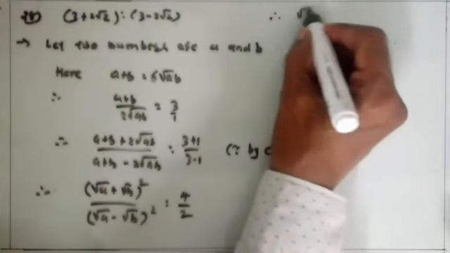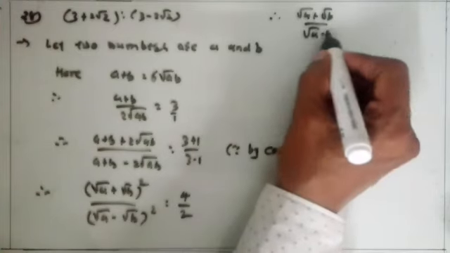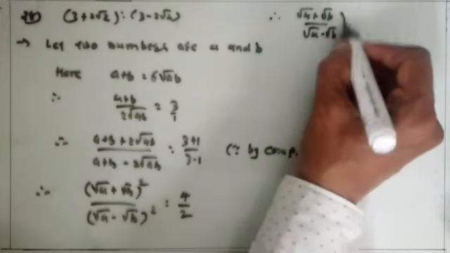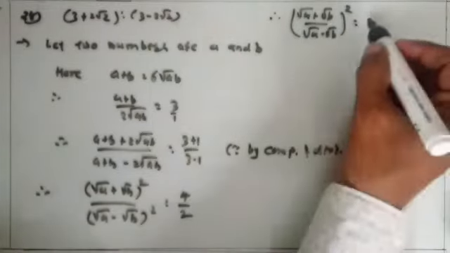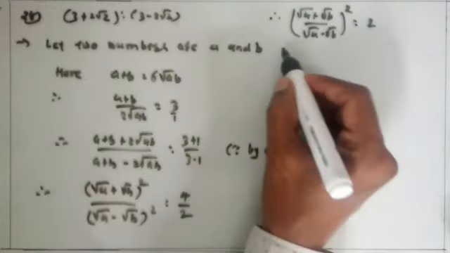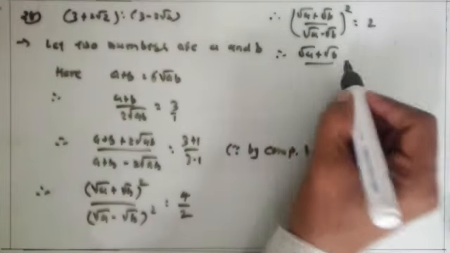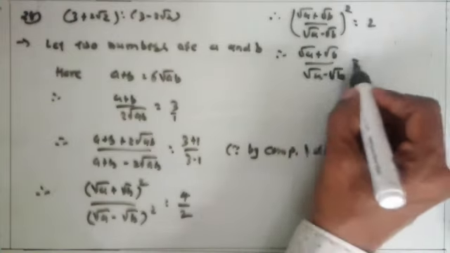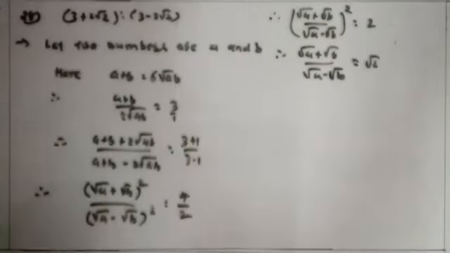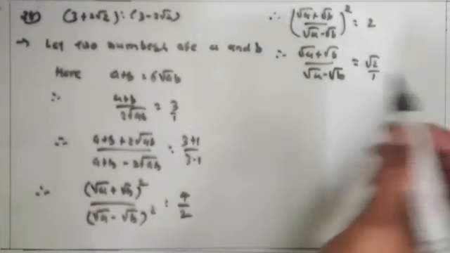Therefore, ((root A plus root B) upon (root A minus root B))^2 is equal to 4 upon 2, that is 2. Now apply square root on both sides. So we get (root A plus root B) upon (root A minus root B) is equal to root 2. Now I apply componendo and dividendo. Here root 2 upon 1 given.